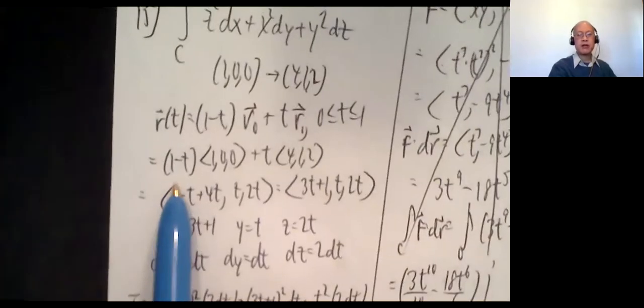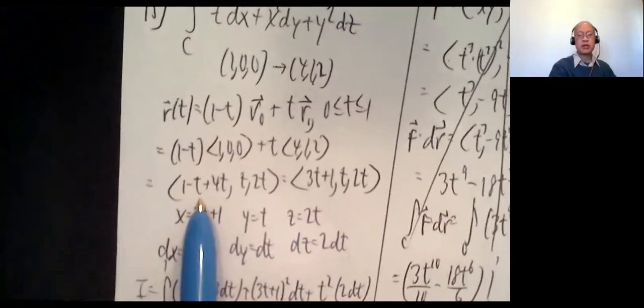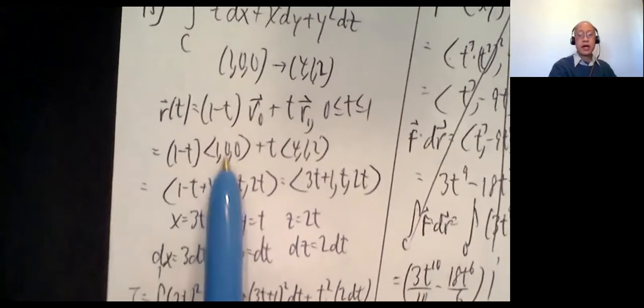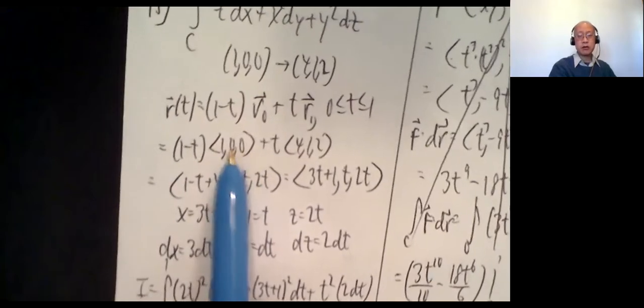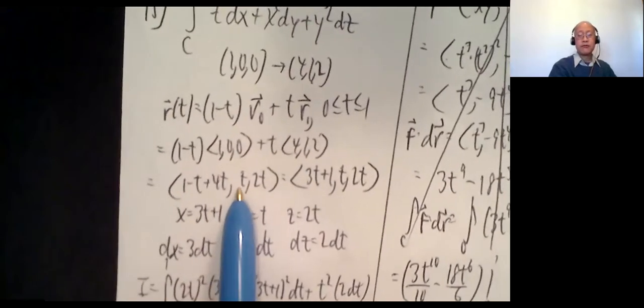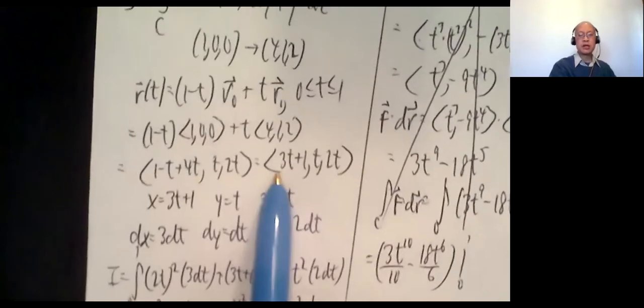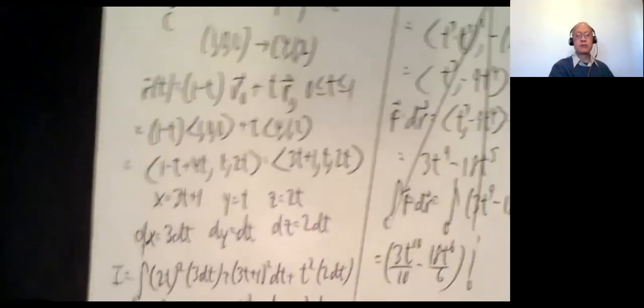Okay, let's multiply it out. 1 minus t times 1 is 1 minus t, plus 4t. And then 1 minus t times each of these is 0, right? So ignore it. So I have 1t for the middle one, and the last one is 2t. So it comes out to be 3t plus 1, t, and 2t.